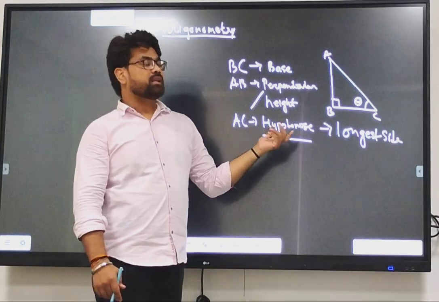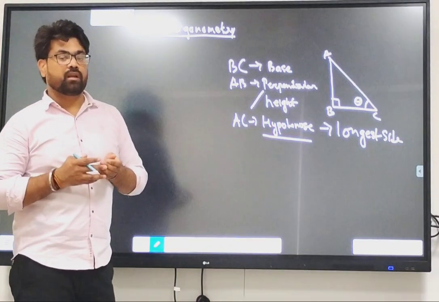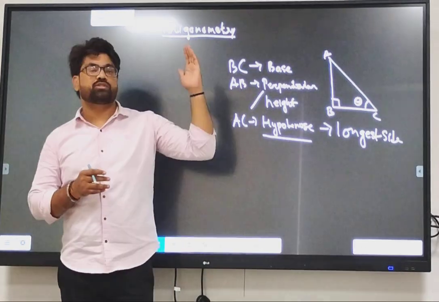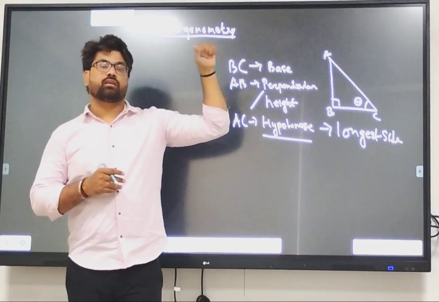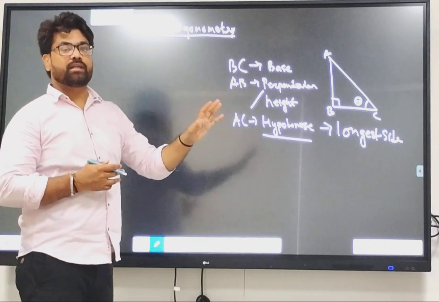And if I talk about where this trigonometry can be used, so like if I give an example, to measure the height of a mountain or measure the height at which a plane is flying. So is it possible for us to physically measure that particular length?